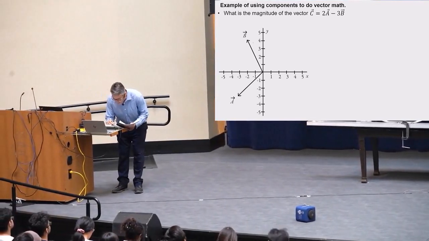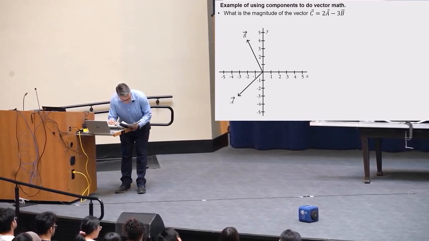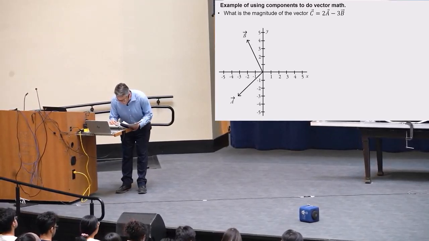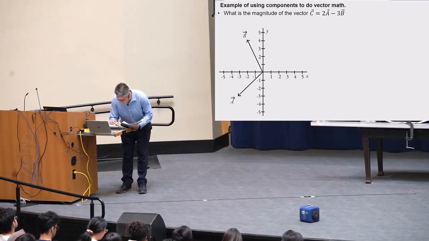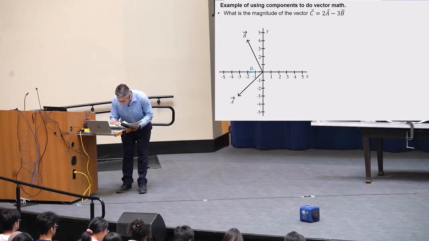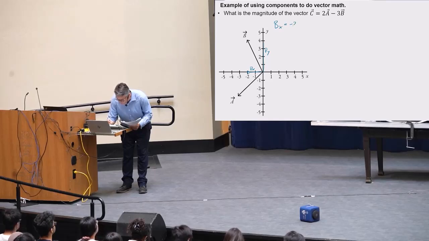So the first thing I do is find the components. For b, you can see that this is your b sub x, and this is your b sub y. So b sub x is negative 2, and b sub y is plus 4. Those are the components.